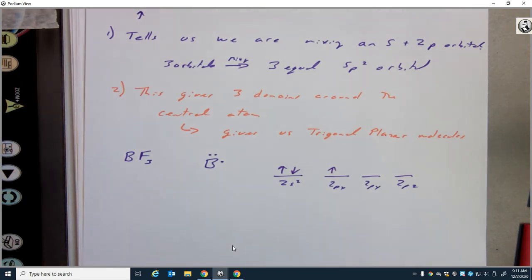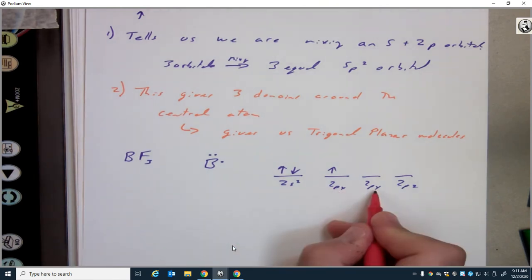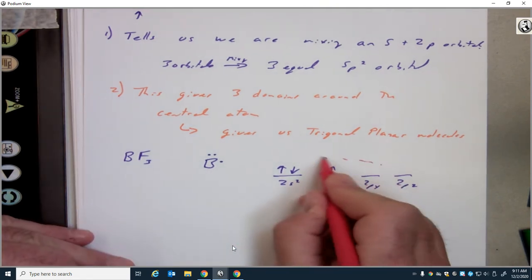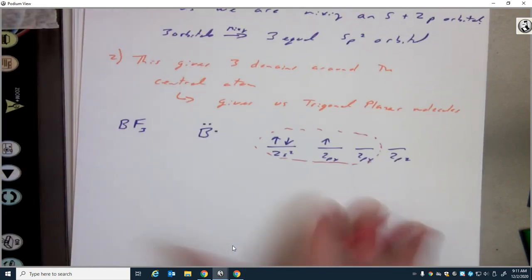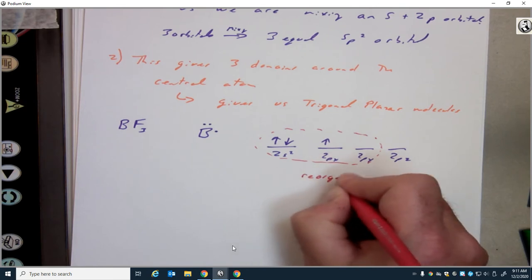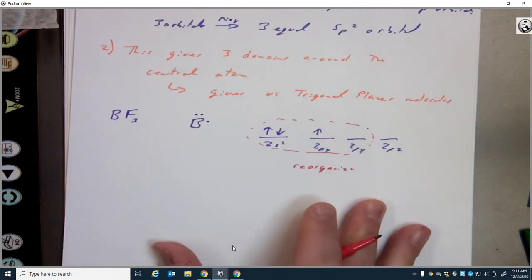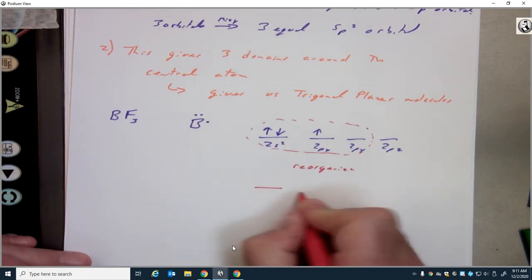And what's going to happen is we're going to take 3 orbitals. We're going to take this S, this P, and this P, and we're going to hybridize them. We're going to mix them. Okay, so these reorganize, or they mix.